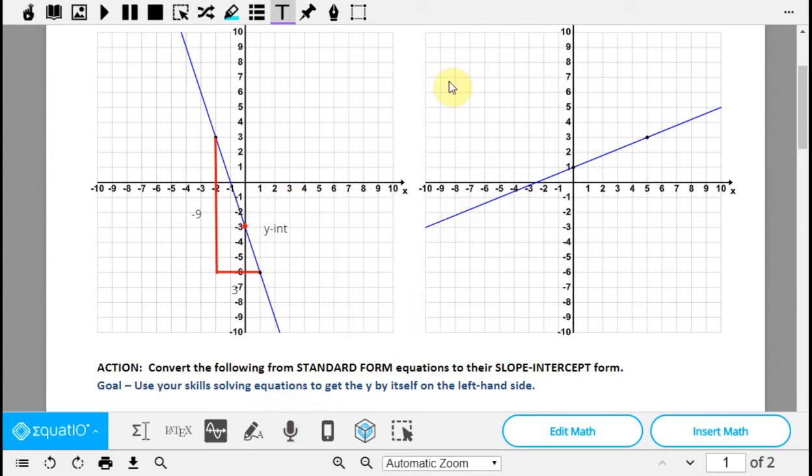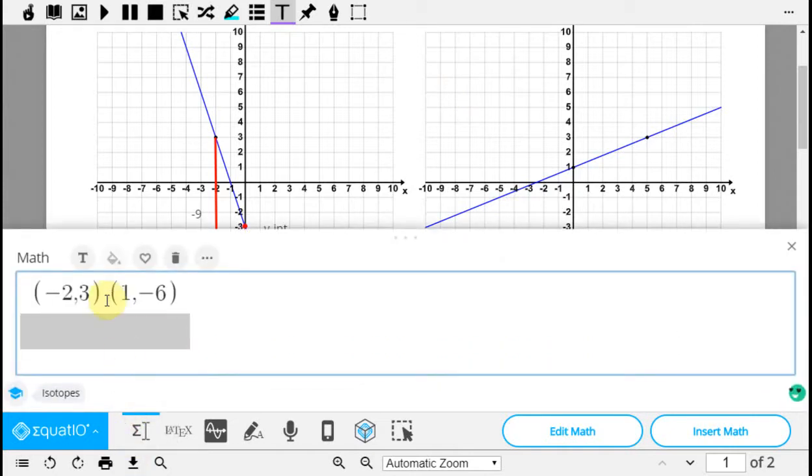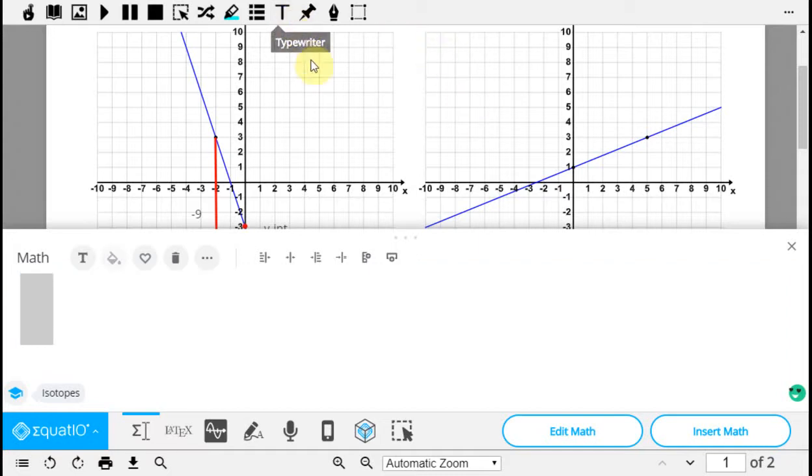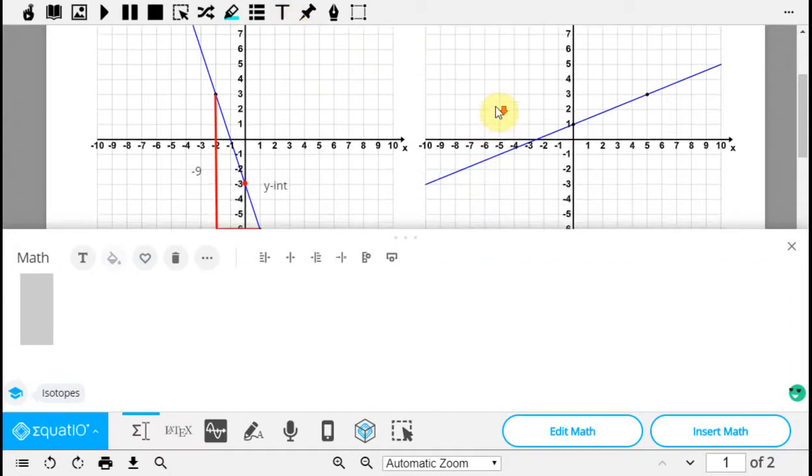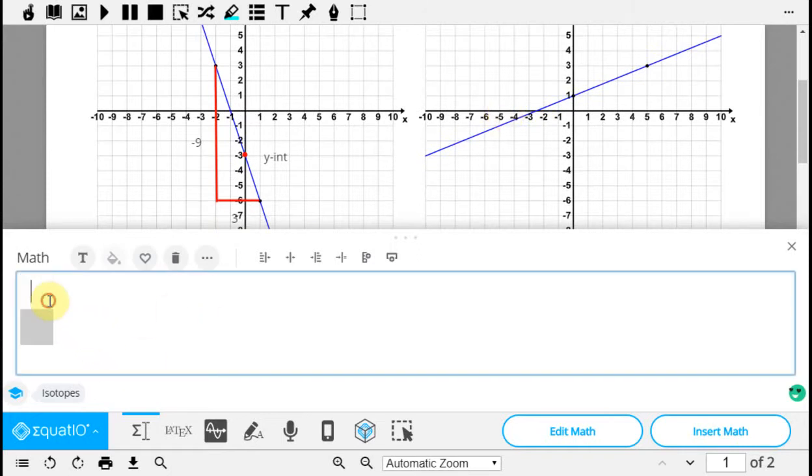Now I'm ready to do my slope. So I'm going to use equatio. I need to take my rise over my run. So m is equal to -9 all over 3. And remember to reduce that. 9 divided by 3 is 3, so my slope is -3. My y-intercept is also -3.